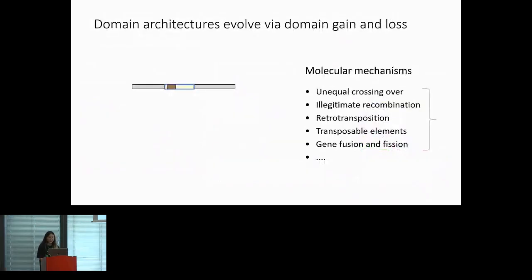Our mental model of how multi-domain architectures evolve is through domain gain and loss. For example, you have this protein with this brown domain, and with a domain insertion, you can gain a pink domain. And then there's domain duplication, where you gain another pink domain. And then with gene duplication, you now have 2 copies.